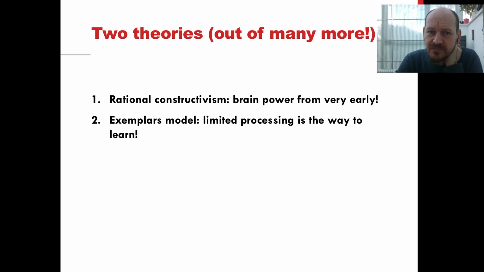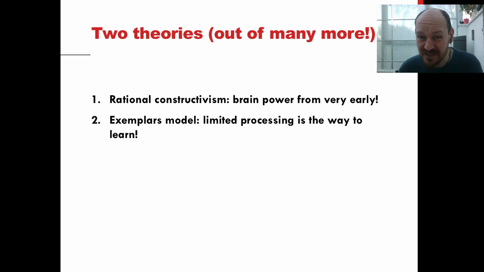So, for a start, I'm going to cover 2 very recent theories. They have been formulated in 2019 or 2020, so they're just very fresh. The first one is what is called rational constructivism. As you can see, these 2 ideas, rationalism and constructivism, are not new at all, but it is a recently published theory.